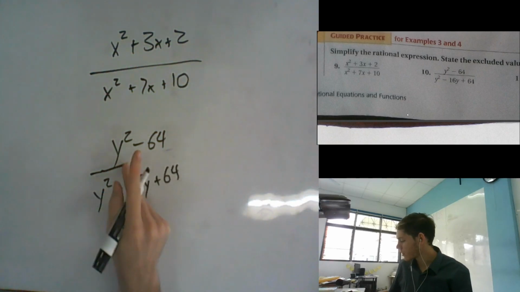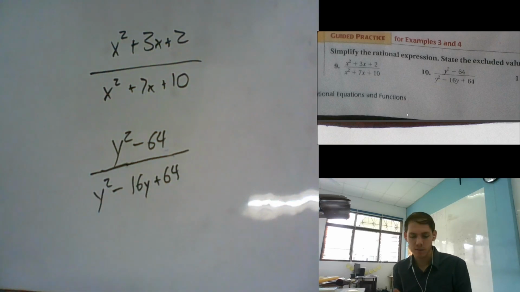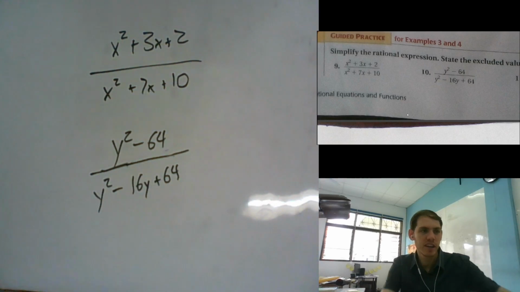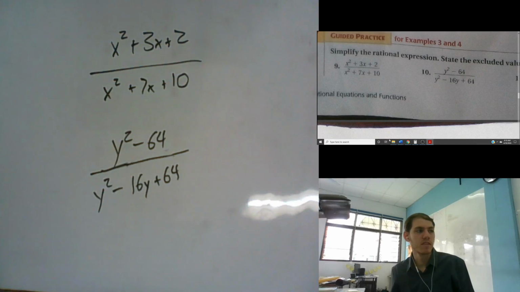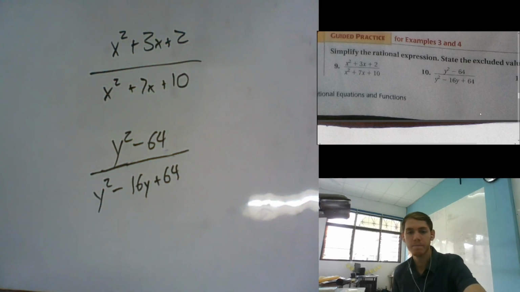Actually, ambitious is not the right word. I don't know what the right word is. Push yourself. Do both. Okay, so simplify these two, find the excluded values, and I'll give you a minute while you're doing that. I'm going to pull up the homework to see 2C and 2D.